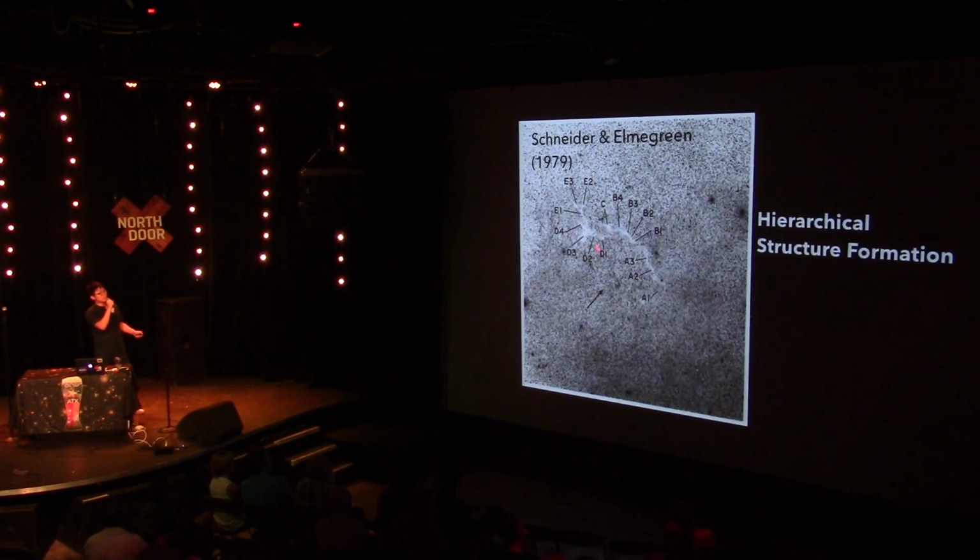So for example, here, for this very long filament, the astronomers Schneider and Elmegreen actually broke it down into, well, when you read the paper, you would think that the breaking down of the cloud is fairly arbitrary.